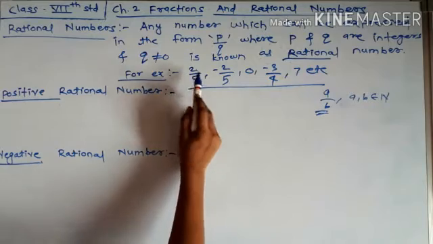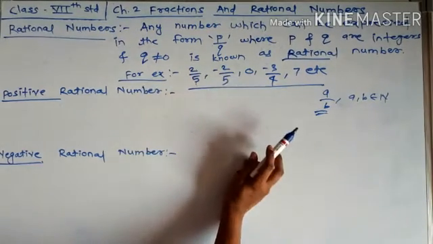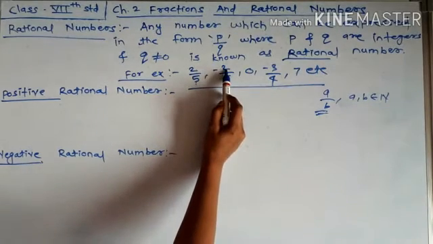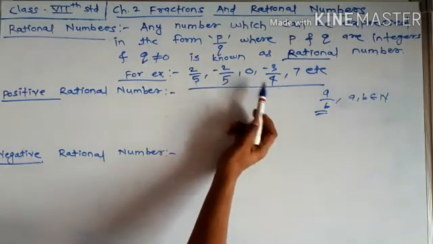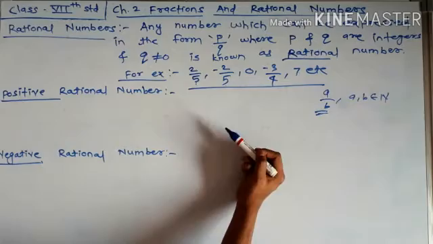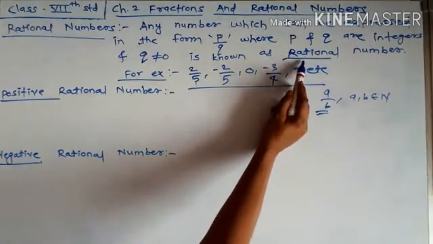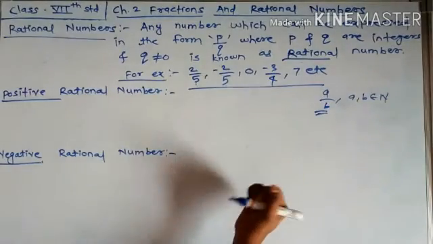Because here 2 and 5 are both natural numbers, and it is in the form of a by b. We know that a number in the form a by b where both are natural numbers is called a fraction. Also, every natural number is an integer, but every integer is not a natural number. Here minus 2 is not a natural number. Minus 2 and 5 are both integers and 5 is non-zero, so therefore it is a rational number. That means every fraction is a rational number, but every rational number is not a fraction.